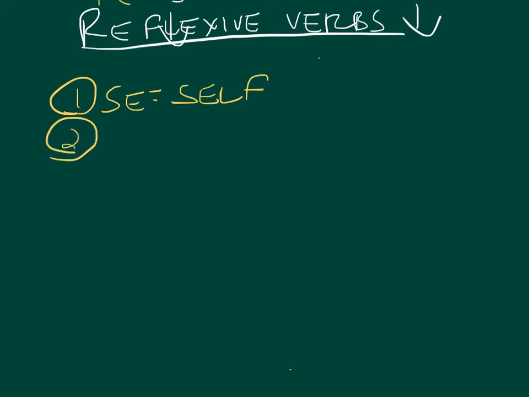Okay? Another time you're going to use this is what I call, just in quotes, "getting." So these are verbs, when you see verbs like aburrirse, where you're not going to bore oneself, right? Hopefully not. Okay, aburrirse. It's when you want to say, like, I'm getting bored. Or cansarse, I'm getting tired.